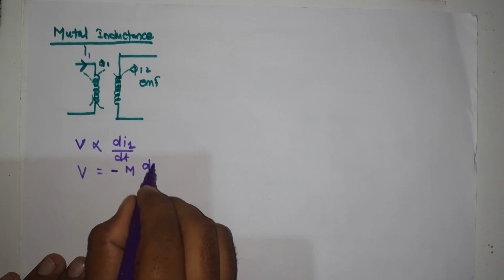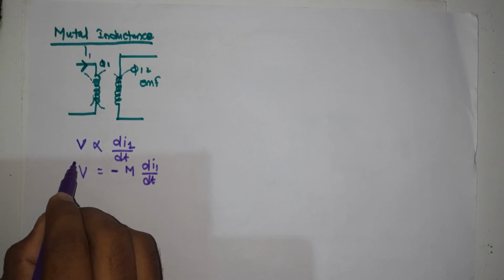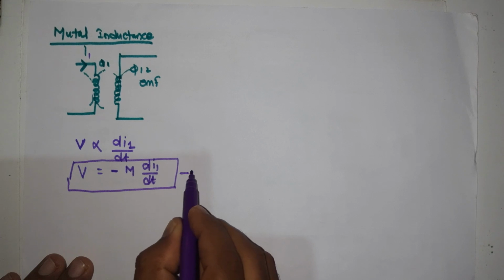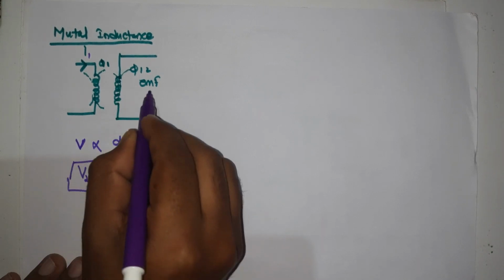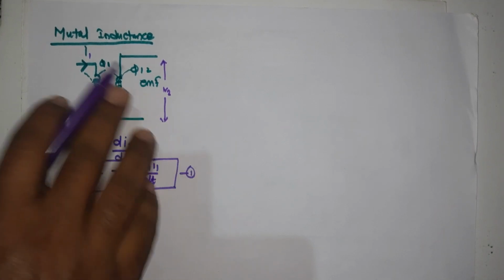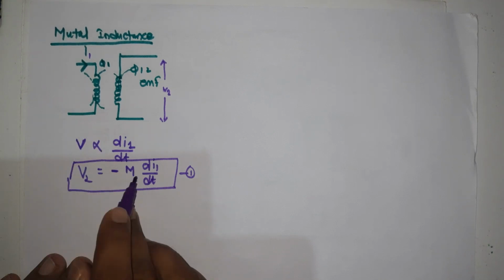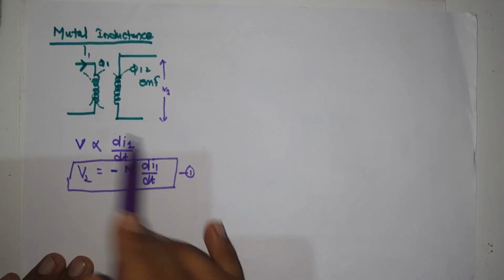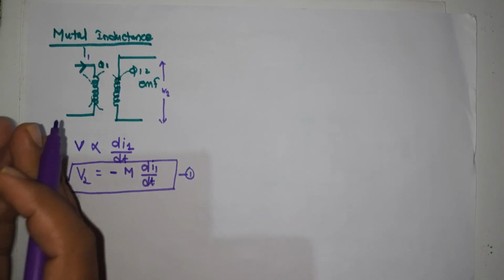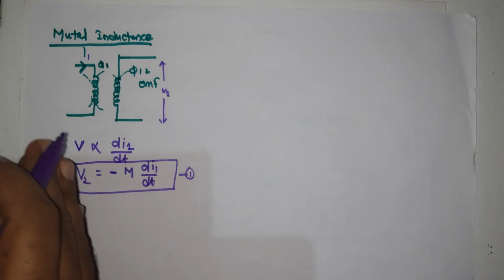Let this be the first equation, where V is V2. This V2 is produced due to the first coil current, so if the first current changes, then the second coil will produce an EMF. This is mutual, not self; it produces EMF by the changes in the current in the first coil.